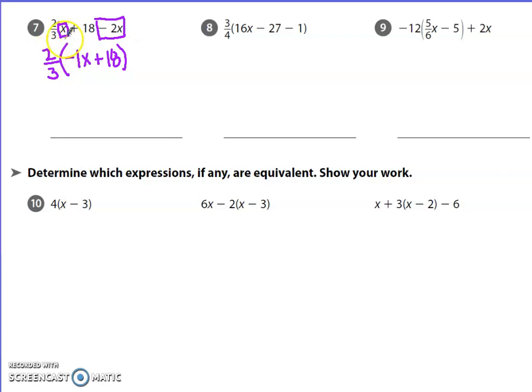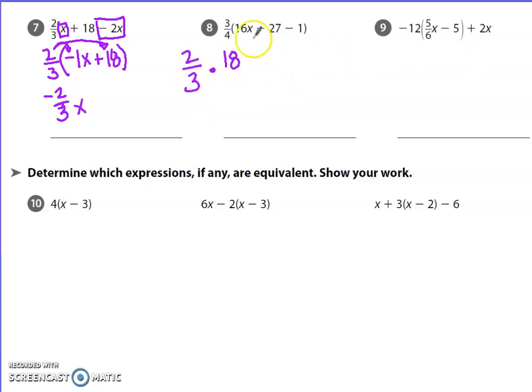Now we're going to use the distributive property. Negative 1 times 2/3 is negative 2/3 x. And 2/3 times 18. If you need to come over and show some work, you can do that. 2/3 times 18.